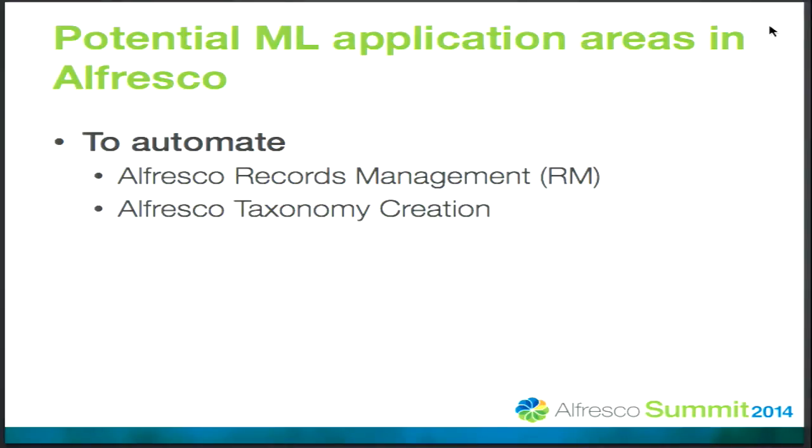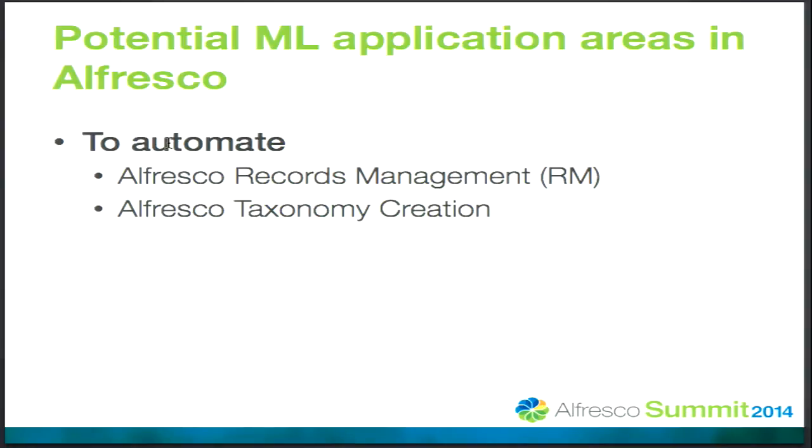So also these are the potential machine learning application areas in Alfresco. I think all of you are familiar with Alfresco records management and Alfresco category manager. So in Alfresco records management, we need to decide the type of the documents. To apply different rules to these folders, we need to first identify the type of the documents.